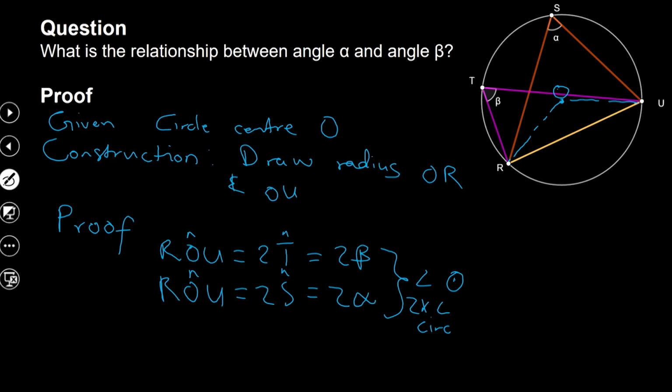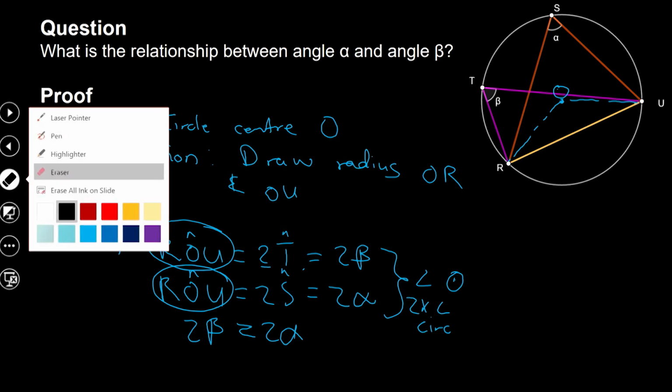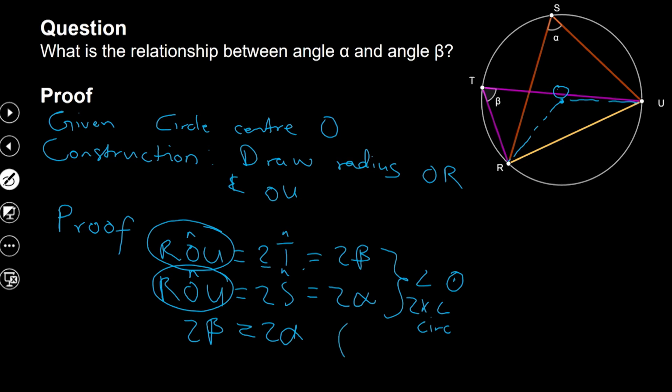Now, what does this mean? Since both of them are ROU, it means that 2T and 2S are going to be equal to each other. So this will make it 2 beta is equal to 2 alpha, and the reason for this will be the fact that they are both equal to ROU.